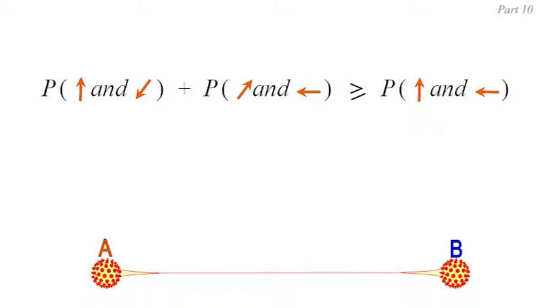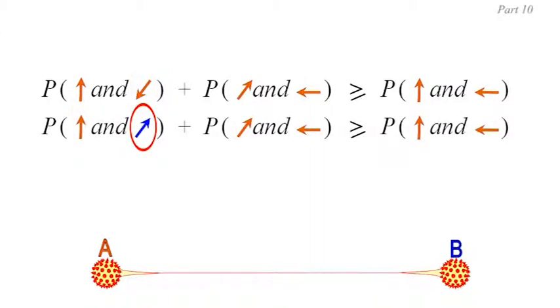So any requirement on the spin of electron A could be shown as the opposite requirement for the spin of electron B. I could change the direction of any or all of the arrows in this inequality by 180 degrees, providing I colour them blue as an indication that they refer to electron B. Let me first change this one, because an A electron down at 45 degrees means that we must have a B electron up at 45 degrees.